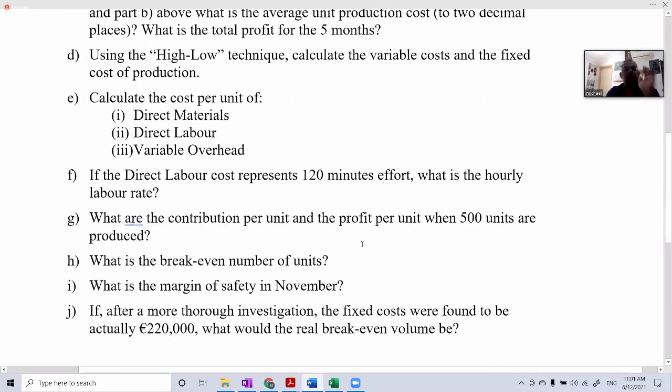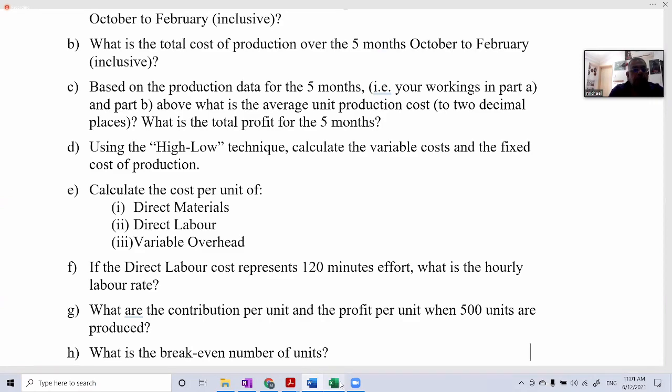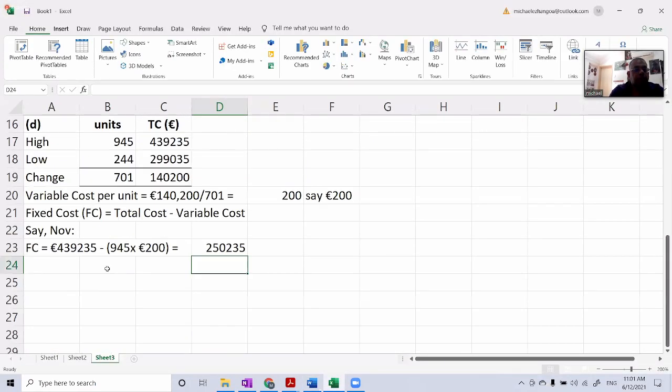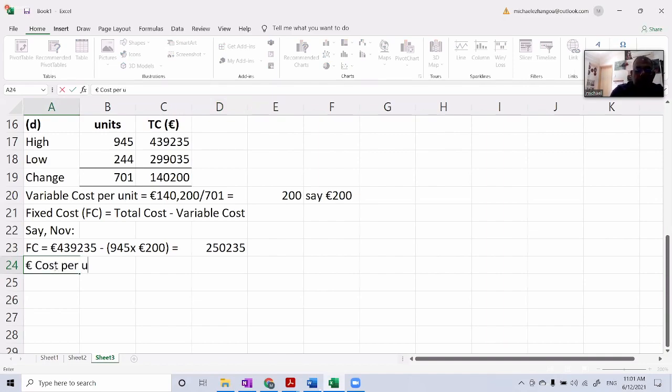All right, next part E. We are doing cost per unit. Now, to be consistent, I'm going to use November data.